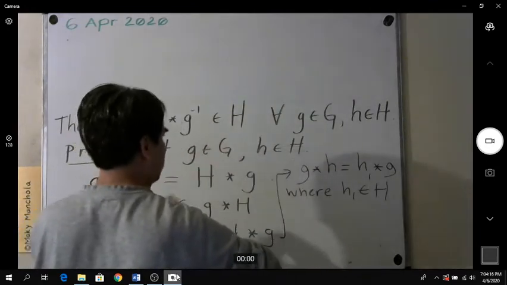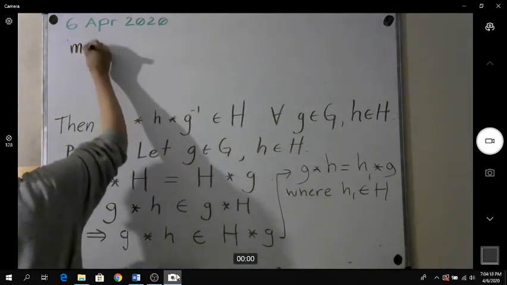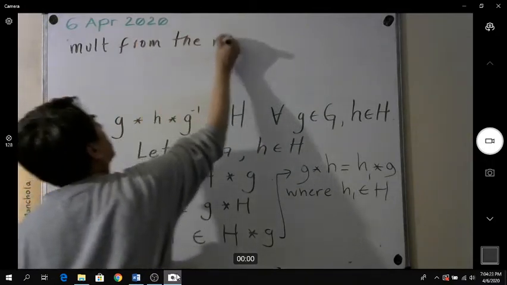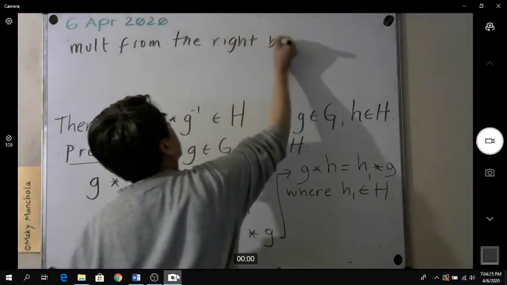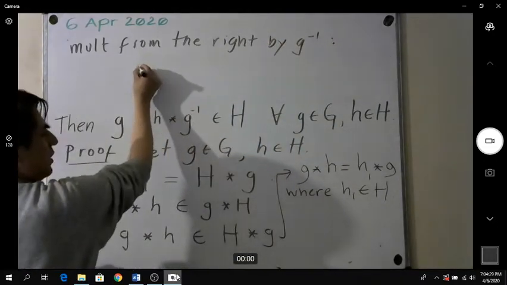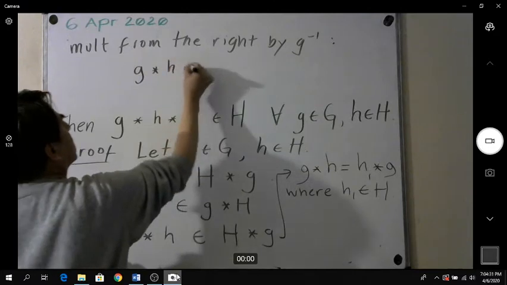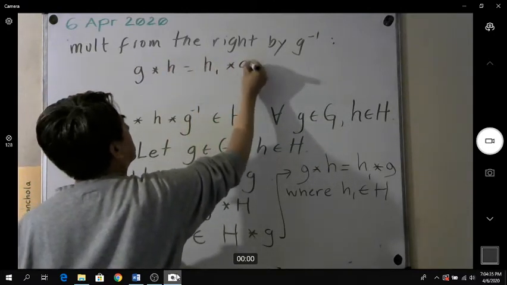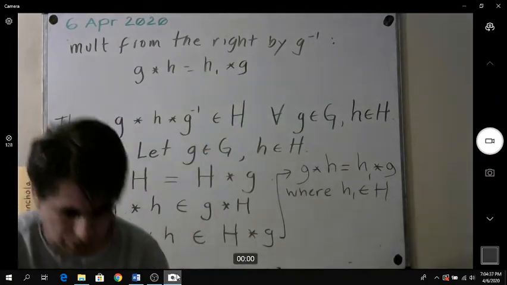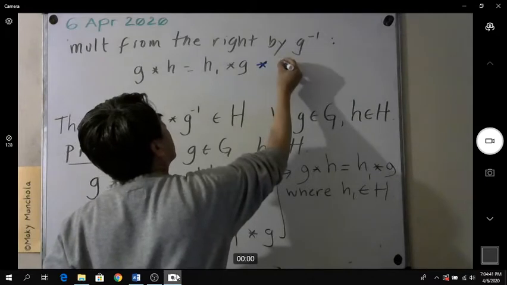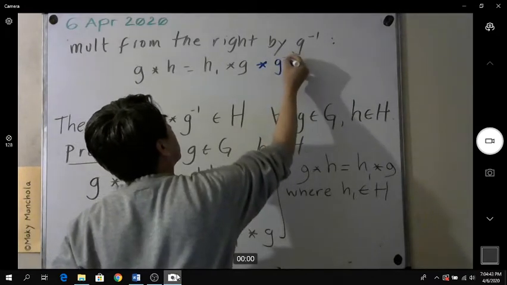So we get G star h equals H1 star G, and multiplying from the right by G inverse, on the right hand side the G's cancel.